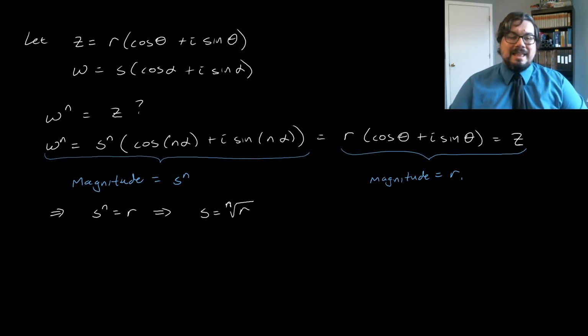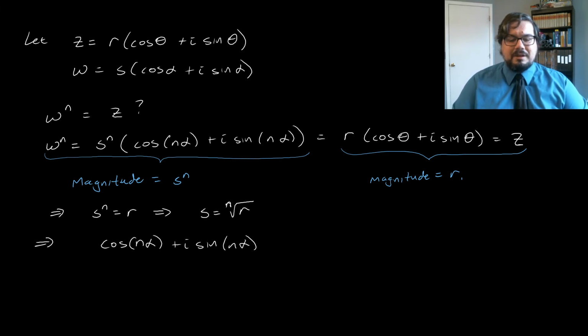If w is an nth root of z, then its magnitude has to be the nth root of the magnitude of z. All right, so that's great. Let's make that happen. And once we do that, the s to the n and r in the equation above can cancel. So that means that cosine of n alpha plus i times sine of n alpha has to equal cosine of theta plus i sine of theta.